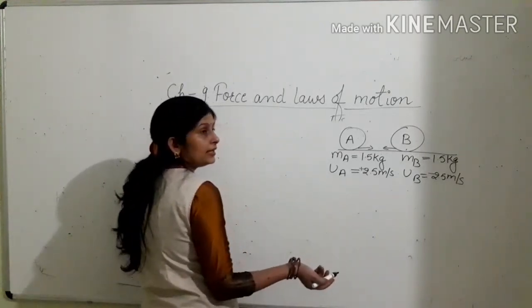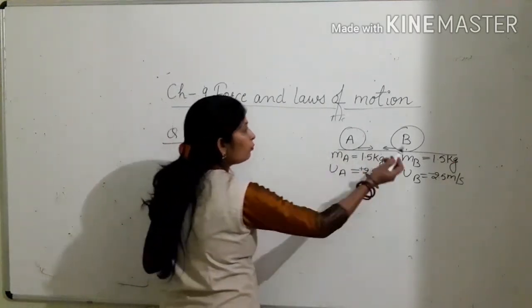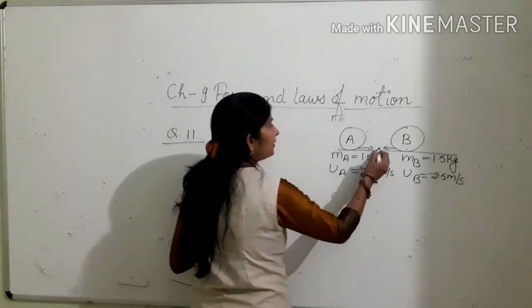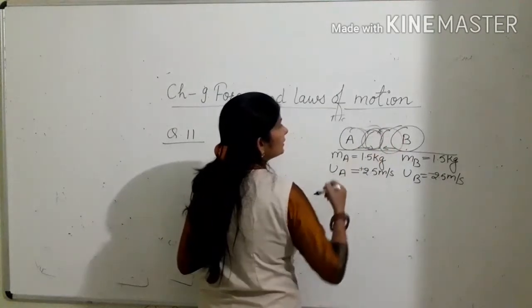Now, it's obvious that if they are moving in opposite directions, facing each other, at one point they will collide with each other.